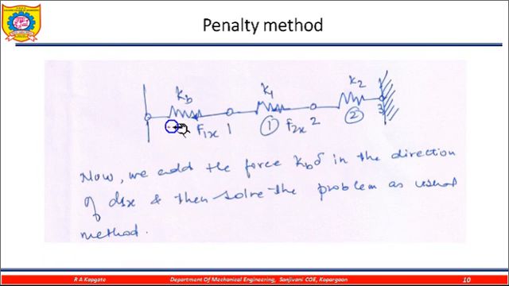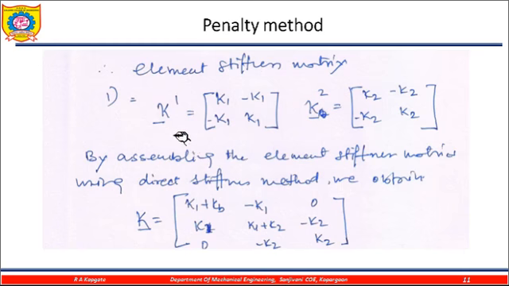So here that KB is the stiffness matrix with a penalty of a delta. So add this one. So K is equal to K1 plus KB. This is the manipulation.